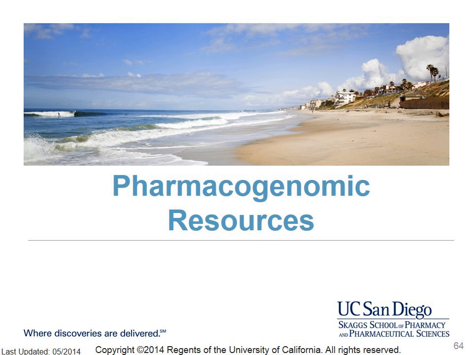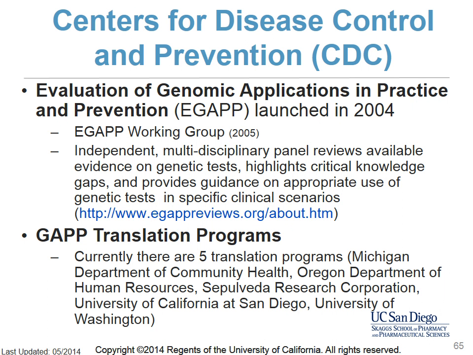There are a variety of resources which provide more information about pharmacogenomics. The Centers for Disease Control and Prevention support two initiatives to advance pharmacogenomics. The first is EGAP. EGAP is an initiative launched in 2004 to support a coordinated, systematic process for evaluating genetic tests and other genomic applications that are in transition from research to clinical and public health practice.